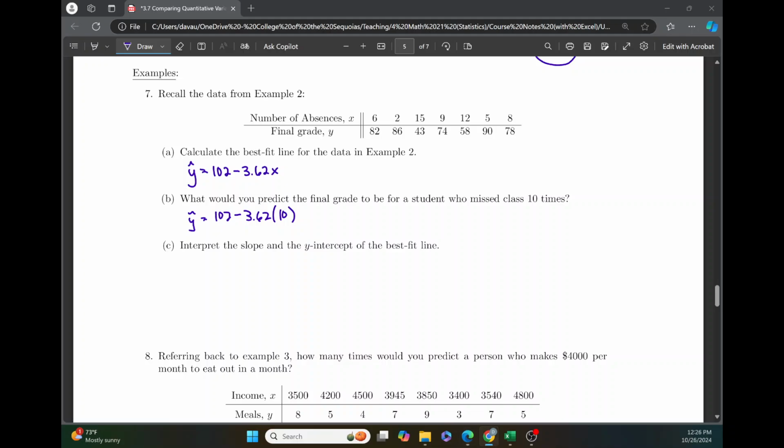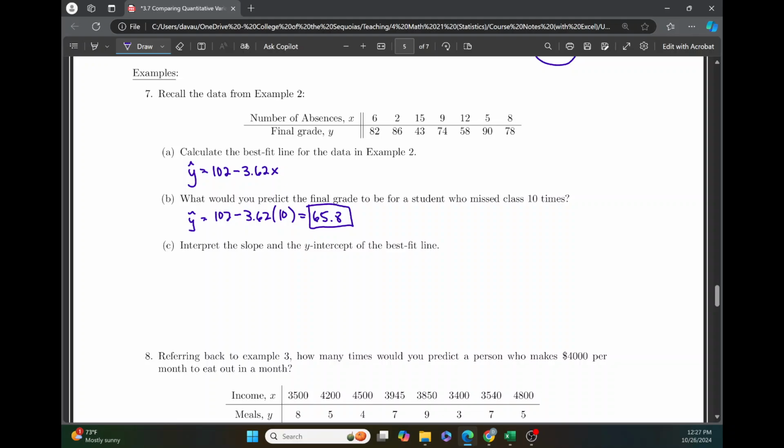And you can punch that into your calculator. Let's see, 102 minus 3.62 times 10 comes out to 65.8. So not great. Okay, that's a D. The student would have to repeat the course. So don't miss class 10 times for sure, right?